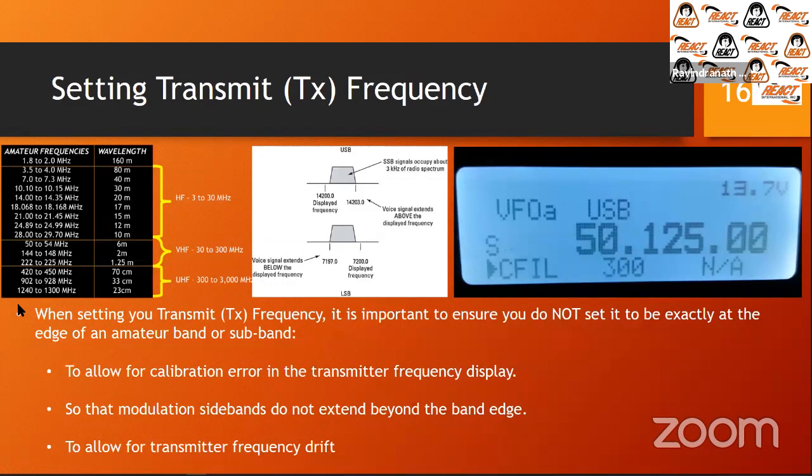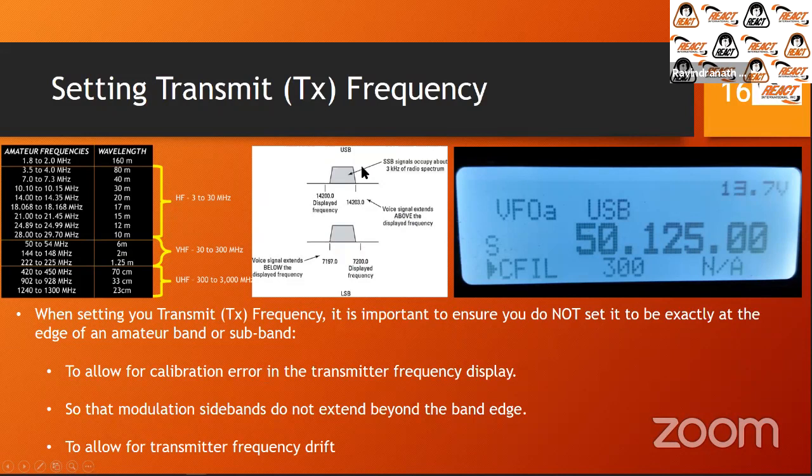All right, let's see if we can do a couple more slides before we wrap up. When you are setting your transmit frequency, or what is called your TX frequency, you have these ranges, but you do not want to use a frequency on the edge of the band. For example, if you are on the 20-meter band, which is 14.00 to 14.35 megahertz, you do not want to go on the frequency 14.00.